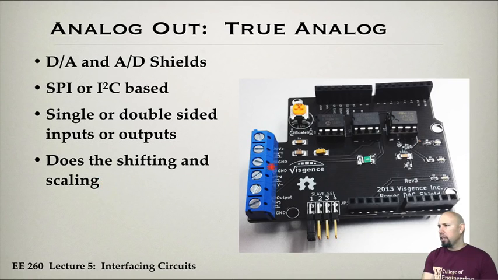So this particular one is a digital to analog converter, called a power DAC, and it will do the shifting and scaling so that whatever number of bits you use, in this case I think this is a 12-bit converter, those bits convert to plus and minus 12 volts. So that's what that does.